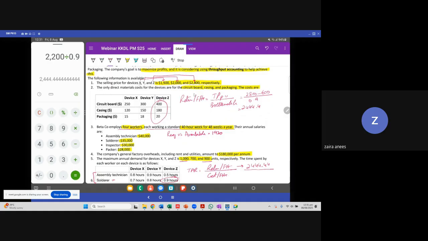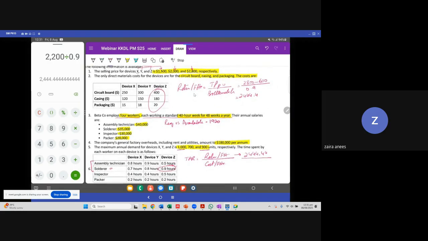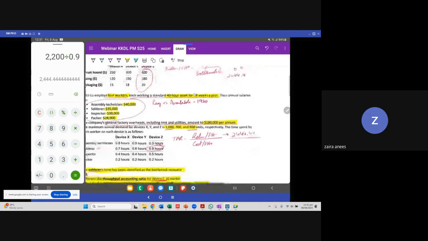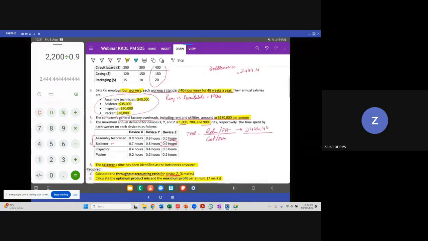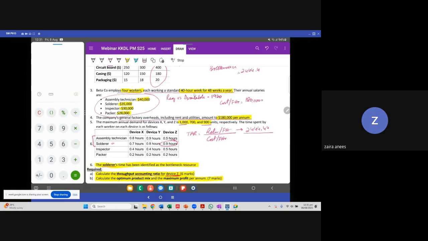Divided by cost per factory hour. What is the fixed cost? The question says that the company's general factory overhead, including rent and utilities, amounts to 180,000 per month. So this is the fixed cost. Is this enough? No. We have to include the cost of labor, because labor is also a fixed cost in this case. So for cost per factory hour, 180,000 plus labor cost. Let's sum them up: 40 plus 35 plus 30 plus 28 is 133.